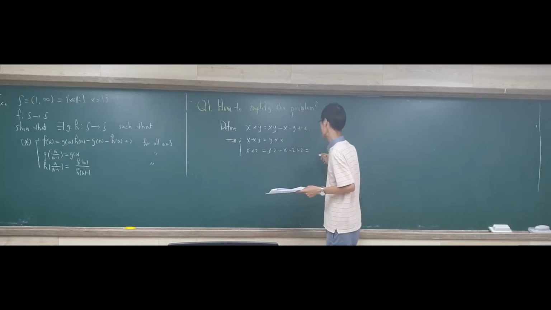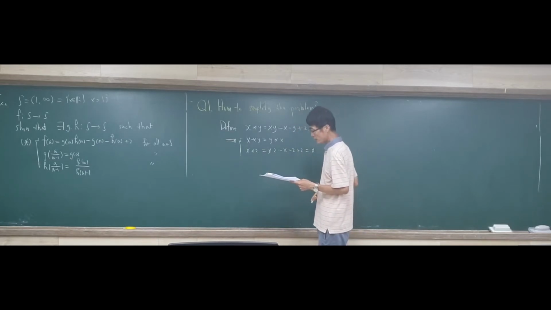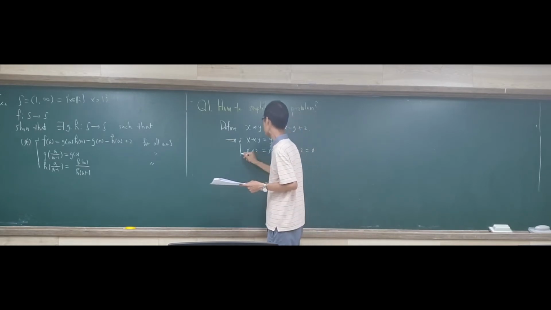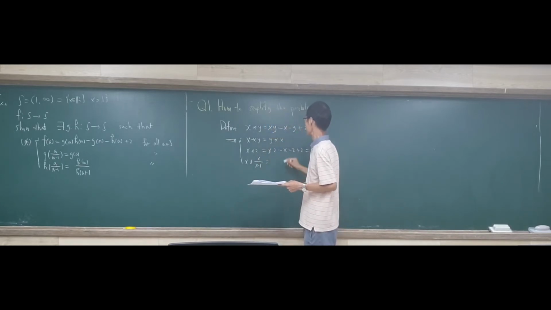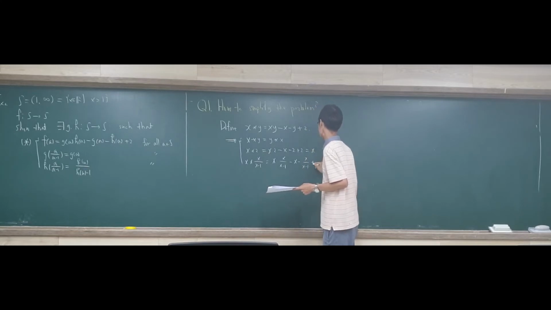This becomes x, and we can also see that x star x over x minus 1 is equal, by the definition, to x multiplied by x over x minus 1 minus x minus x over x minus 1 plus 2.